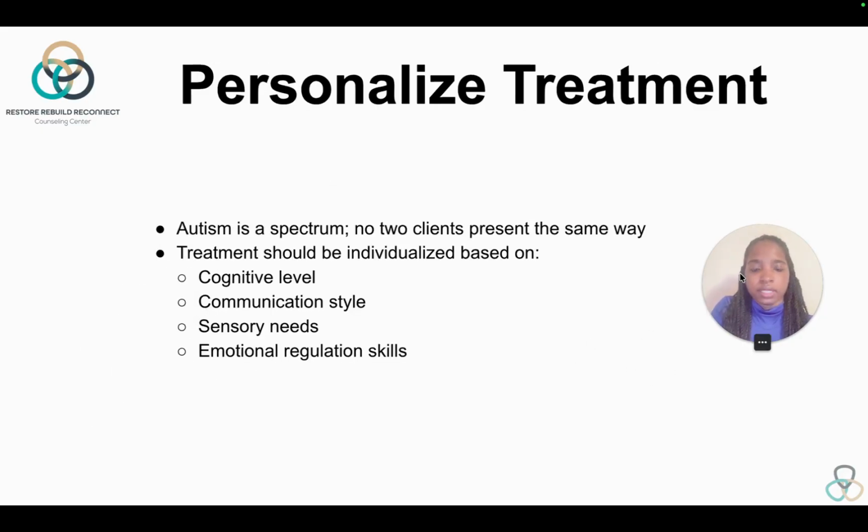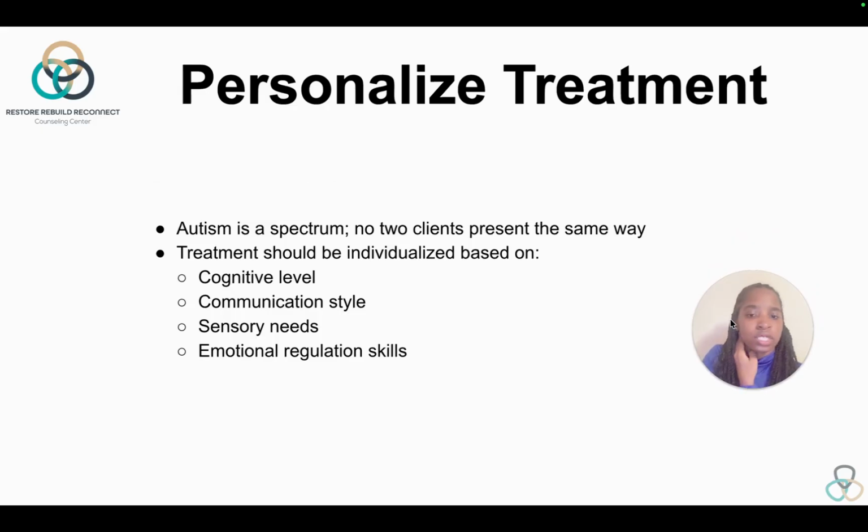All right. Another consideration for counselors is to personalize treatment. Autism, again, is a spectrum, so it presents differently in everyone. No two people present the same way. Even identical twins will have two completely different presentations of autism, so it's really important to individualize treatment to fit the specific client.